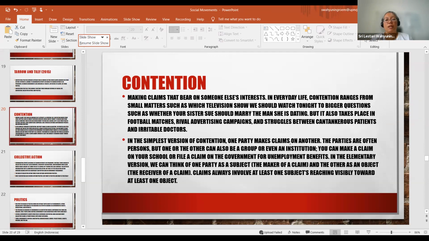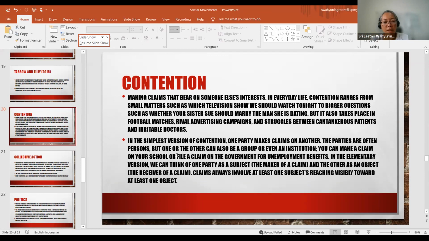It also takes place in football matches, rival advertising campaigns, and struggles between curious patients and irritable doctors. So contention means a very simple thing, but can also be some very substantial issues.